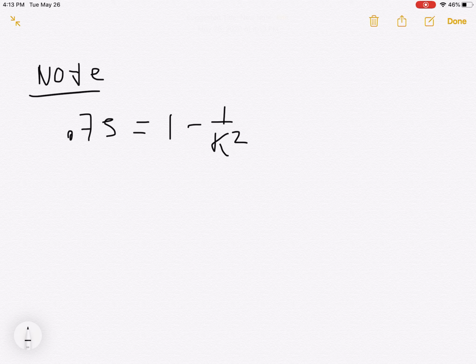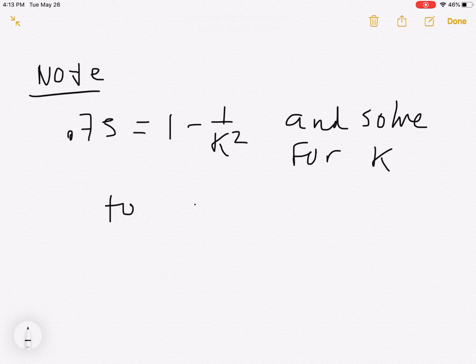Note, I could set 0.75 equal to 1 minus 1 over k squared and solve for k to get k equals 2. So that's one way of solving these types of problems. And that's really all there is to the Chebyshev inequality, unless you want to prove it. But I just wanted to play with what the theorem says in your textbook. Okay, thank you.